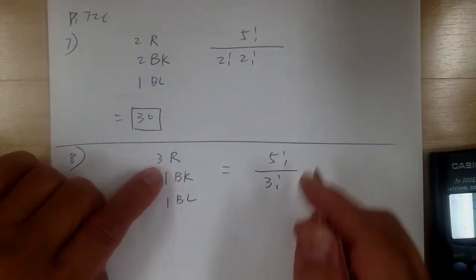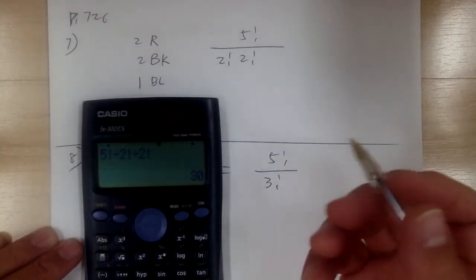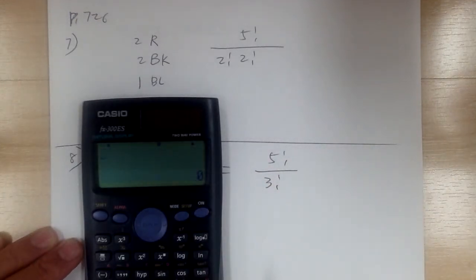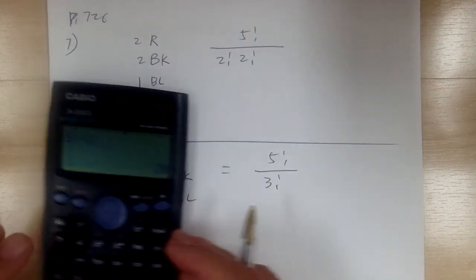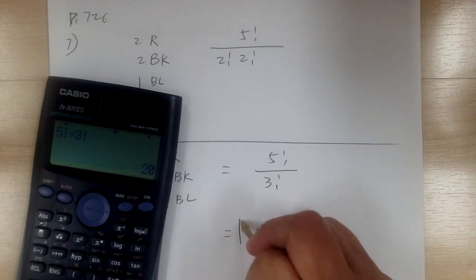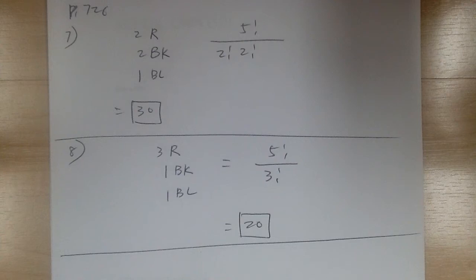Okay, and then 1 doesn't do anything, right? Okay, so this will equal to 20. Okay, so 5 factorial divided by 3 factorial equal 20. Okay, let's go to the next one.